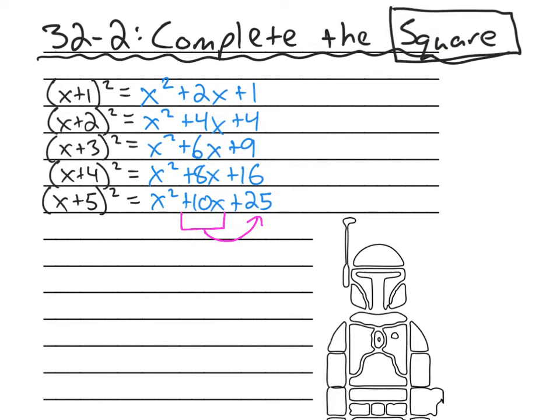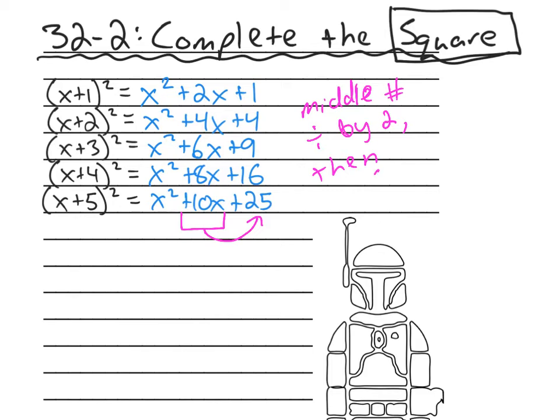Is there a pattern? So a pattern we saw and said was take the middle number, and then do what to it? Divide it by 2, and then square.